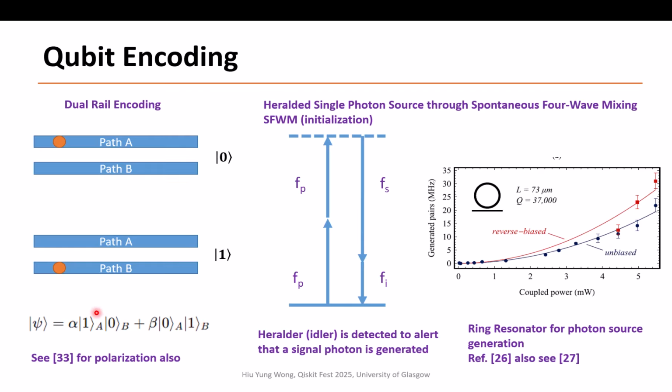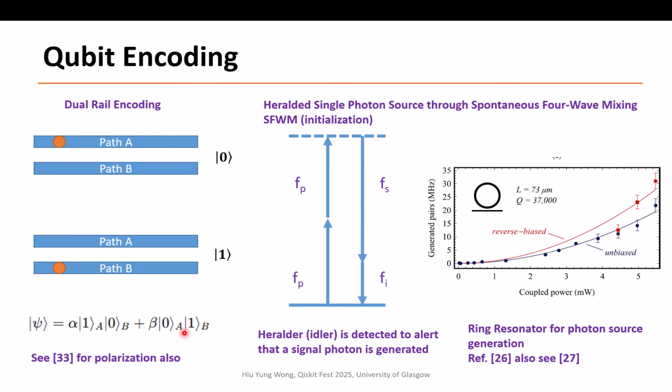We'll just treat it as state 0, and this is state 1. But if you decompose it, it's like I have 1 in path A, 0 in path B, and 0 in path A, 1 in path B. Okay, so that's dual rail encoding. So we're done. That is a two-level system because I can distinguish the states very well, they are well separated, right?